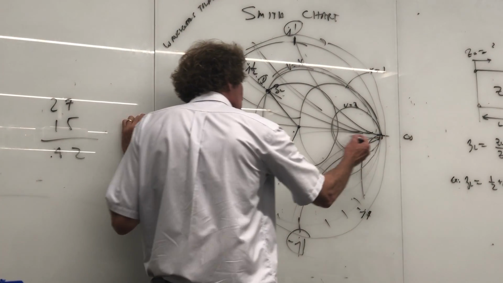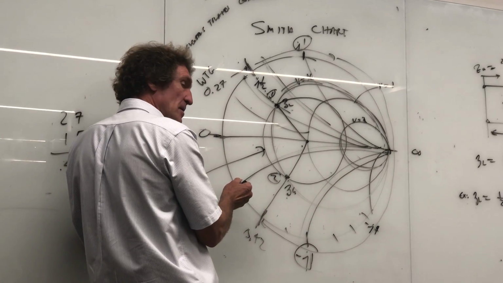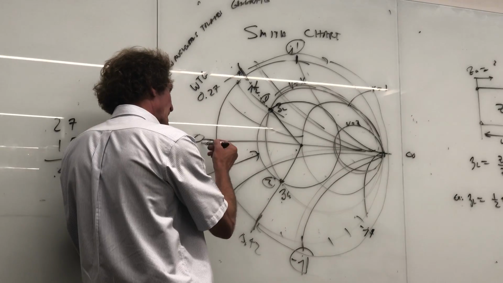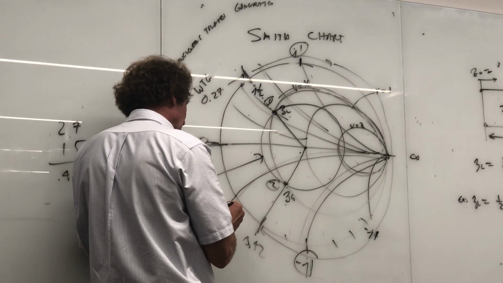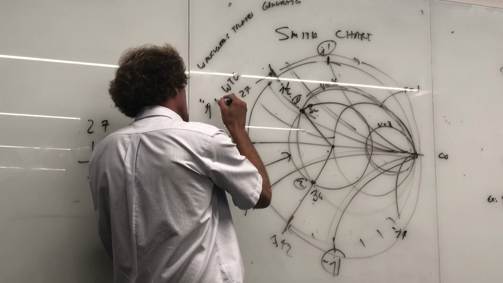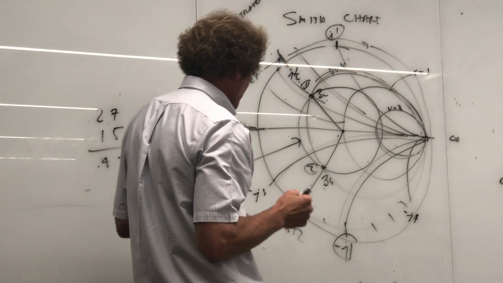All the lines that come normal into the circle right here are the imaginary components. If they're below what I call the equator, they're negative j values. If they're above the equator, they're positive j values. Follow me? Keep that in mind. It's not hard to understand.